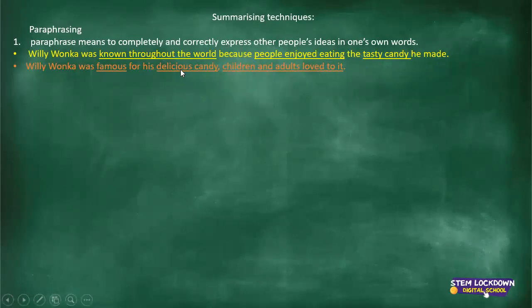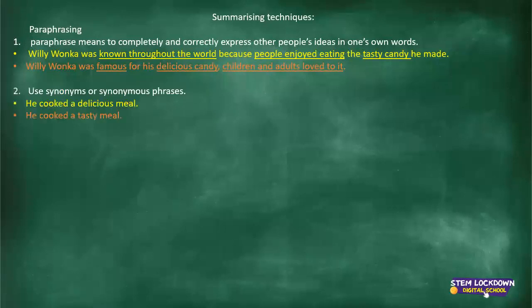Instead of using tasty candy, I said delicious candy. The main point is that these two sentences mean the same thing, but I've used different words to say the same thing, okay? So that is what we do when it comes to paraphrasing, right?